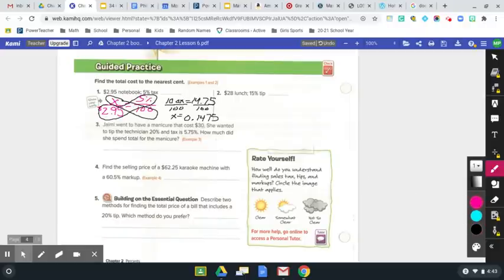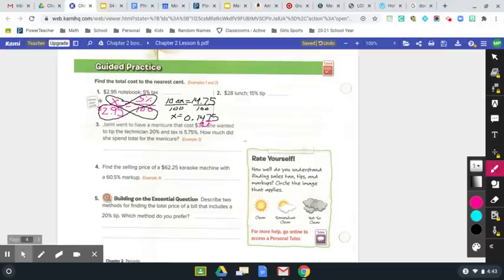So I'm looking at this and going, well, it's going to be 14 cents or 15 cents. I know because I'm going to look in the thousandths place, at that 7 right there. That 7 tells me what I need to do to the 4 in the hundredths place. Well, I need to round it up.